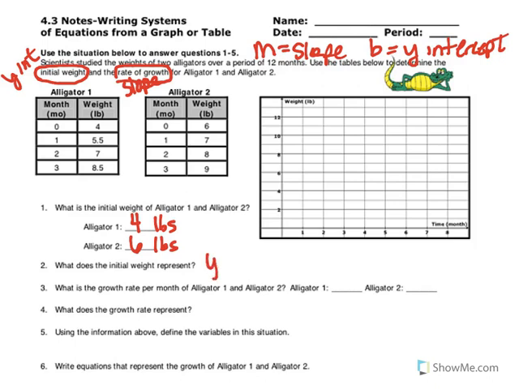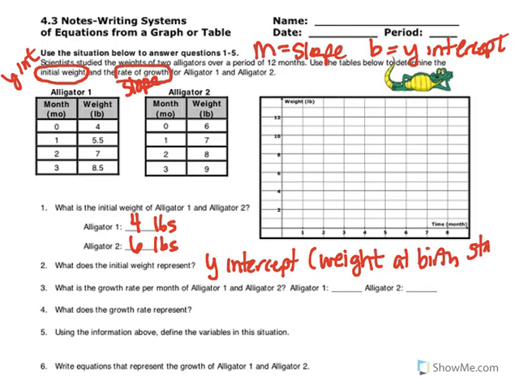So what does the initial rate represent? That would be the y-intercept, or the weight when he was born. It's the starting weight.